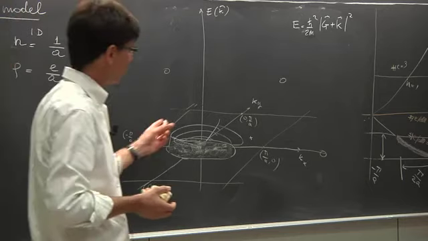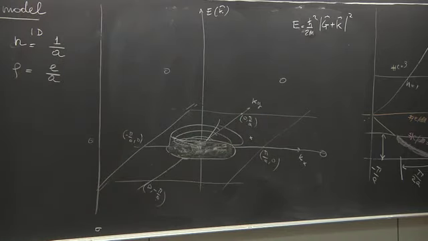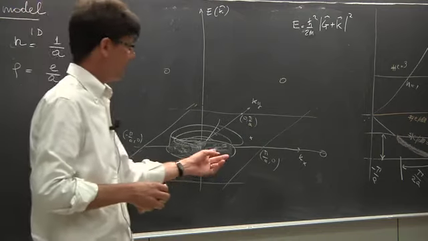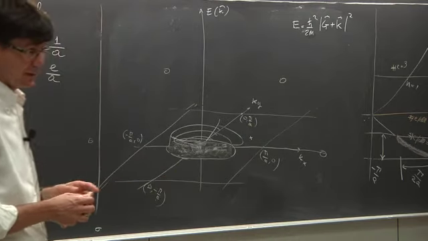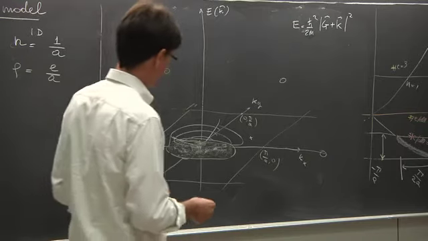That is, I need to fill half of the Brillouin zone. But the Brillouin zone is a square, and this is a circle. Right? And the circle grows, and I have to stop when the area of the circle is exactly 1/2 of the area of the square. Right? So when will I stop?